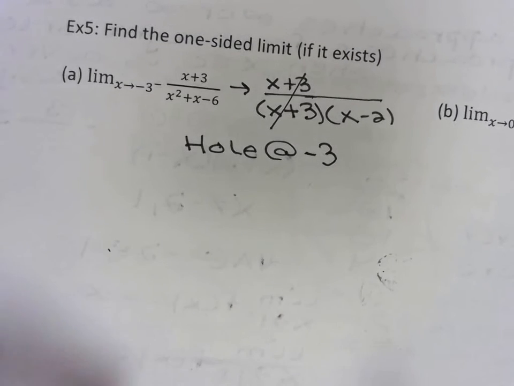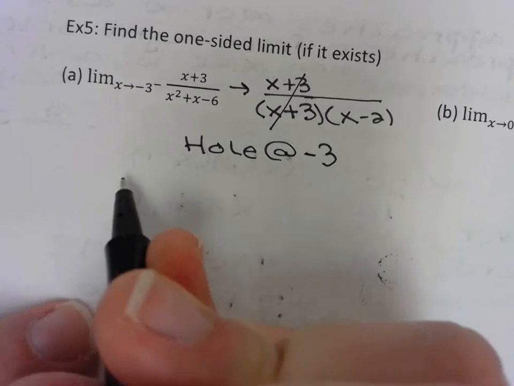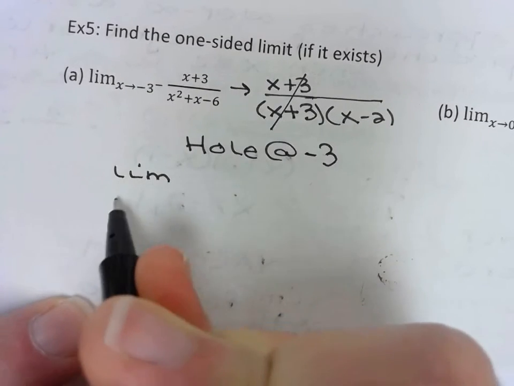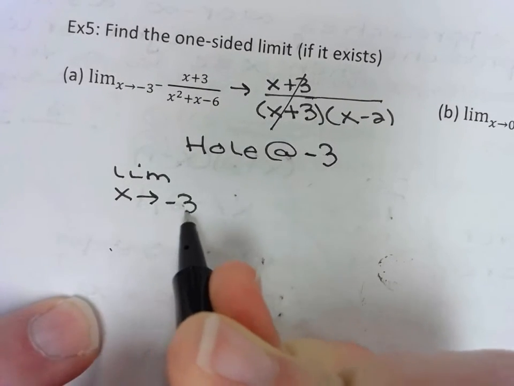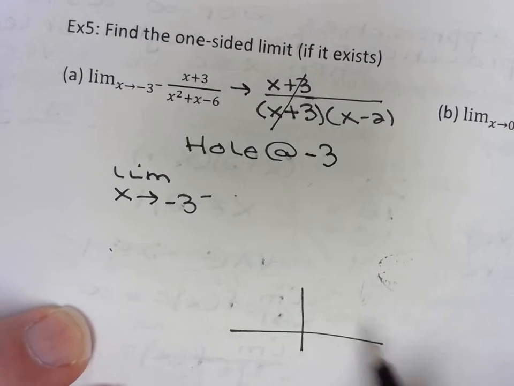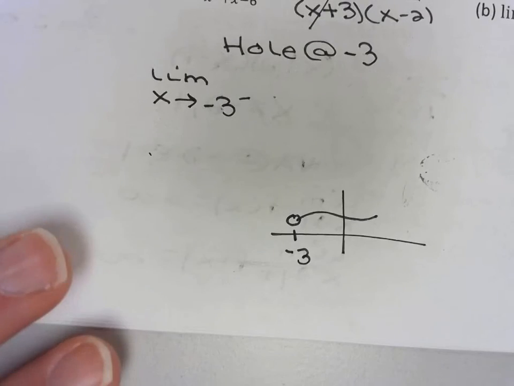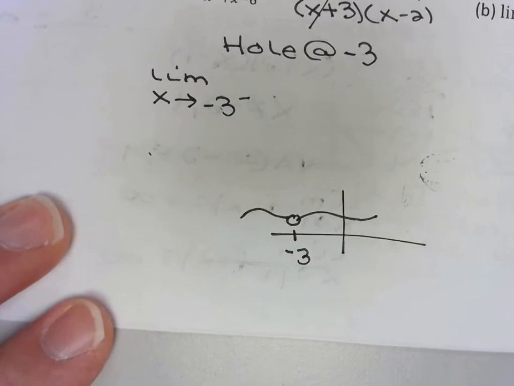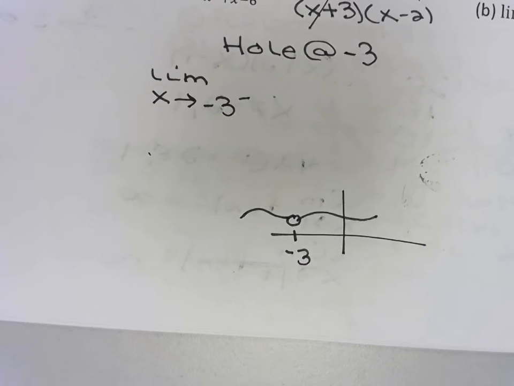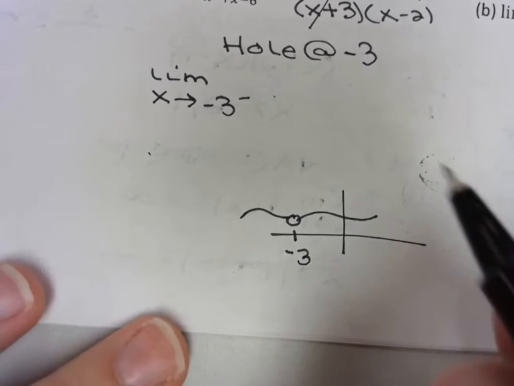So since I have a hole at negative 3, I'm probably just approaching some number. Because if I think about a graph of this, if I have a hole at negative 3, that literally means my function is going to keep on going like normal. I just have a hole. So I still will probably be approaching an actual number.